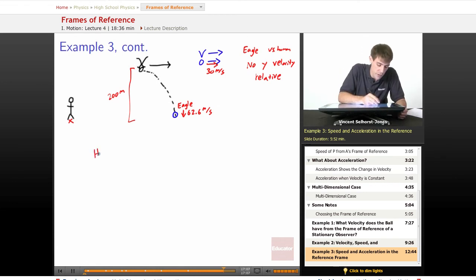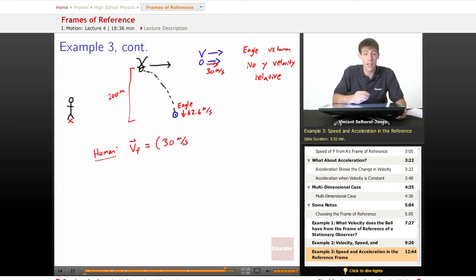So from the human's point of view, we're going to see the velocity final. We don't even have to do any math for this because we can do it all by reasoning. Well, the x component will be 30 meters per second because it hasn't had any change. There's no horizontal acceleration. The only thing acting on the rock is gravity, so 30 meters per second. And we know from the eagle's reference frame that when it hits the ground, it's going at 62.6 meters per second down into the ground.